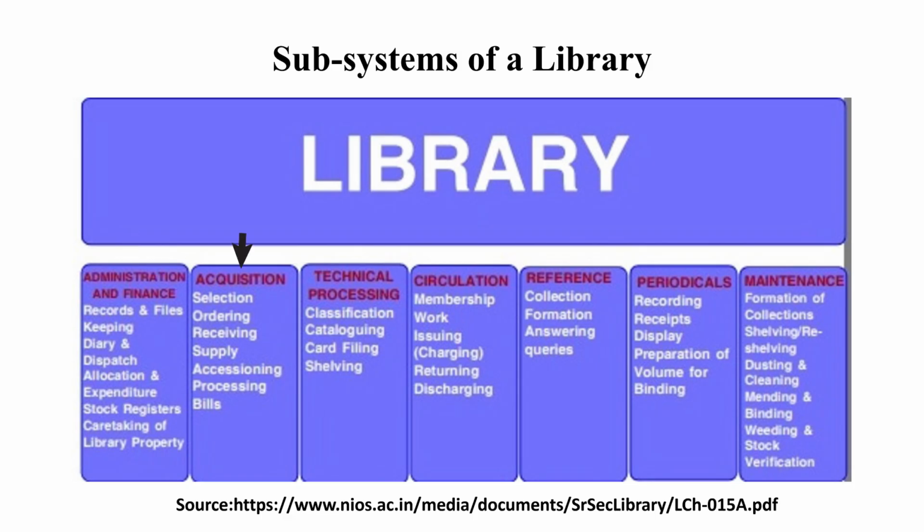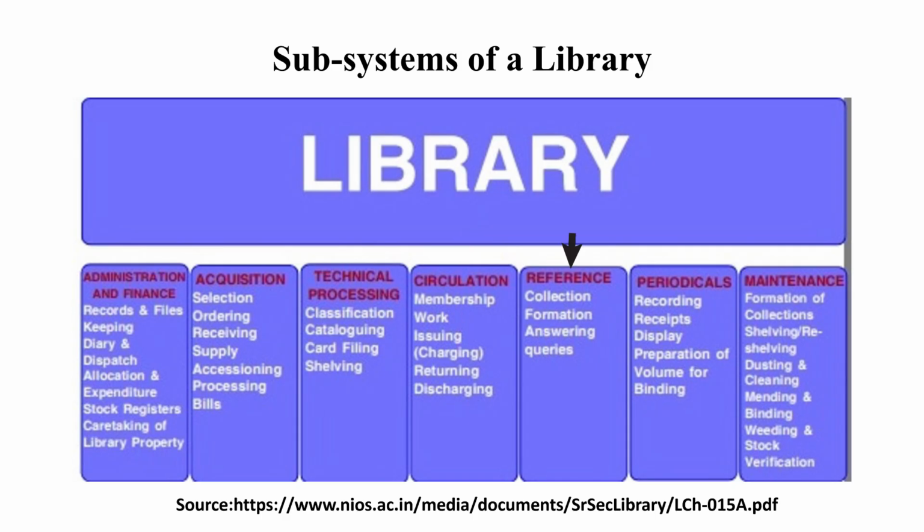The acquisition module subsystems may be selection, ordering, receiving, supply, accessioning, processing and bills. Technical processing may be divided into classification, cataloging, card filing, shelving. Circulation may have subsystems like membership, work, issuing, charging, returning, discharging.